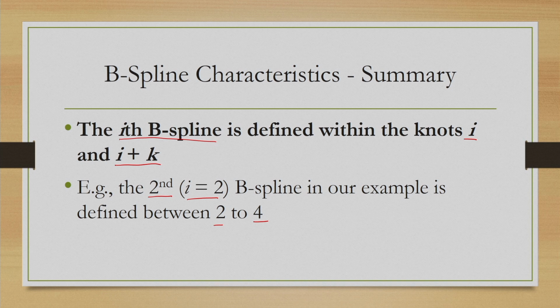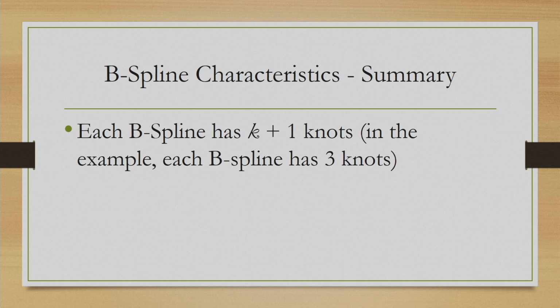So, between 2 to 4, that means the knot values are 2, 3 and 4. So, each B spline has k plus 1 knots. Now, in our example, since k equals 2, each B spline will have 3 knots. For any other value of k, the B spline will have k plus 1 knots. So, these are the characteristics of the B spline.